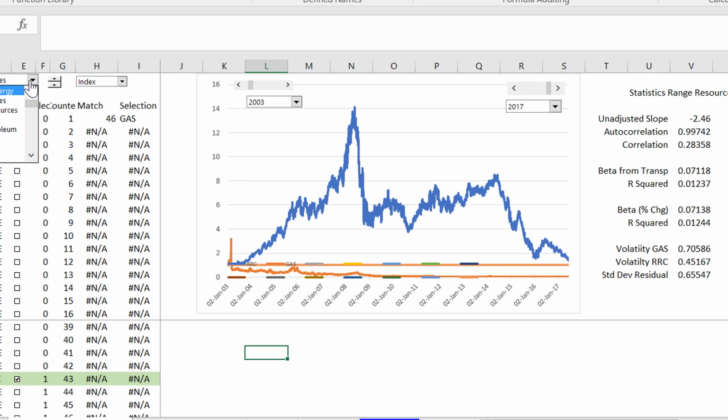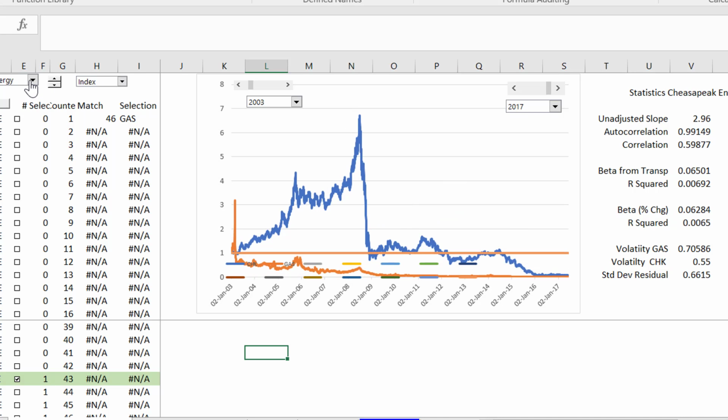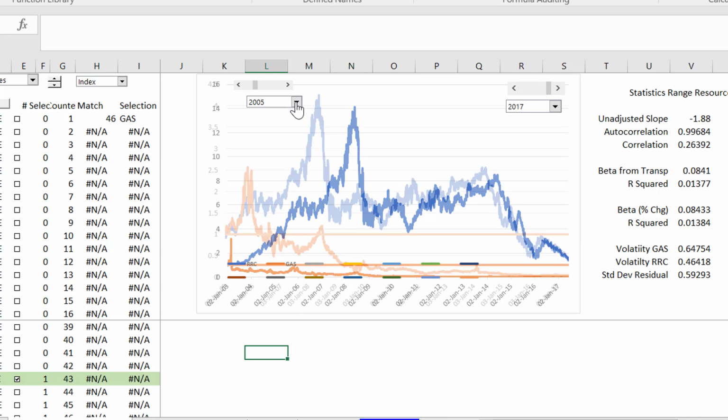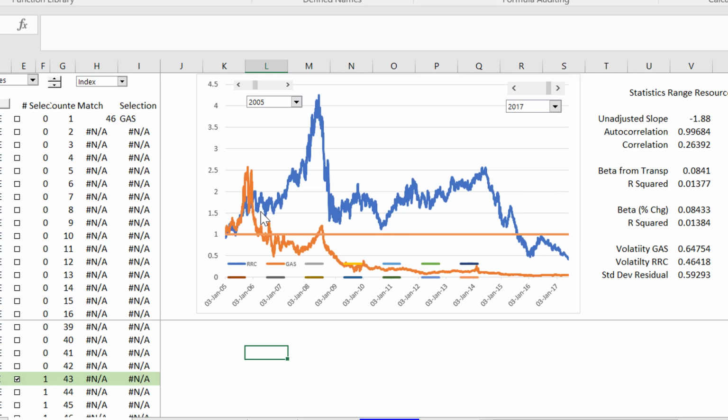Let's go back to Chesapeake. No, let's leave it Range Resources. The reason this is the gas price, let's go to 2005. I'm sorry, I'm going back and forth like this. Okay, this is what happened with this famous shale gas.